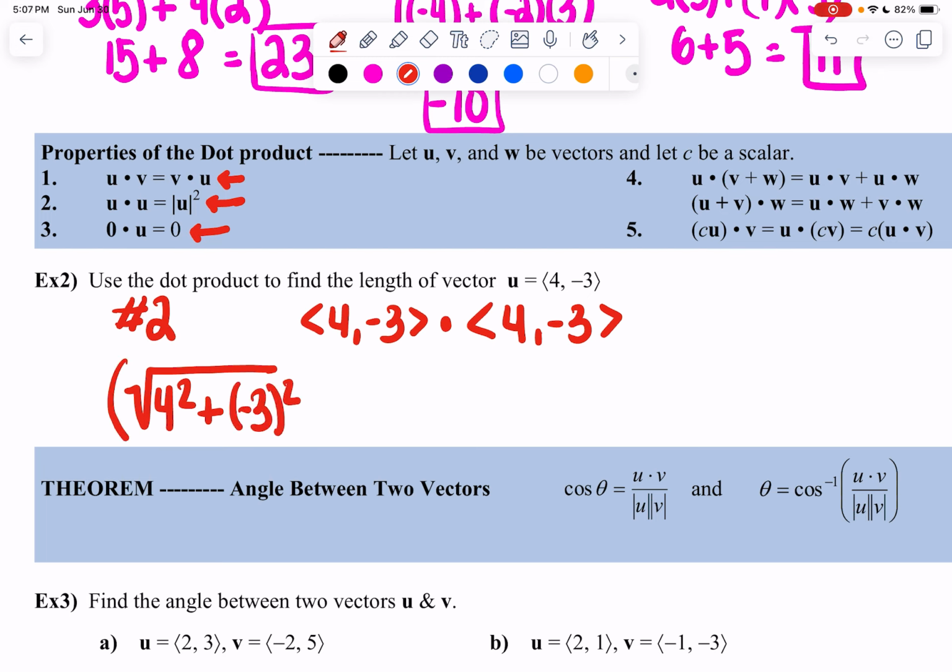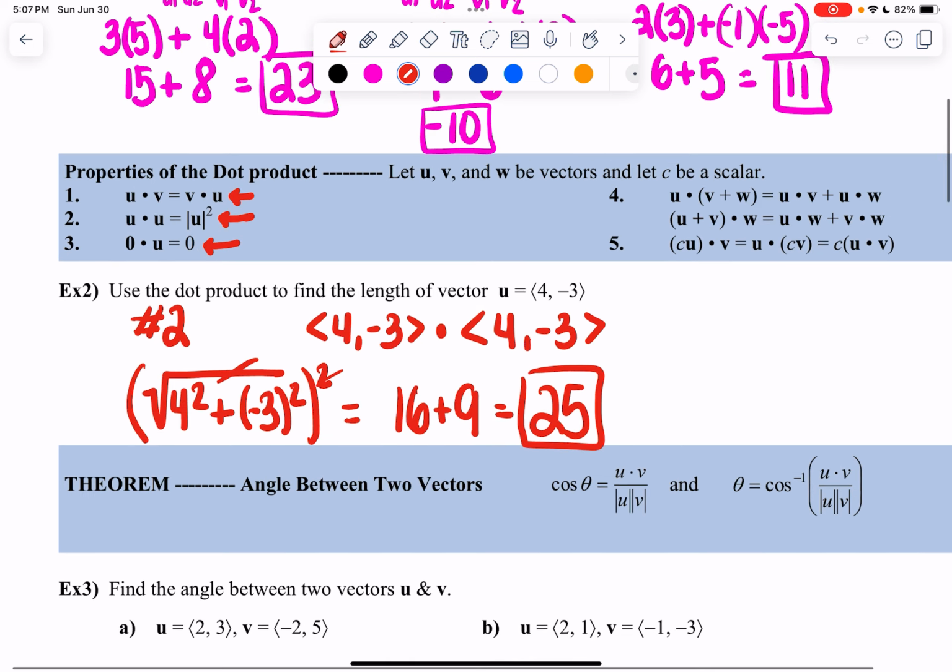But then since it's 2 u's, that whole thing is going to be squared. So in other words, this cancels. So you just get 16 plus 9, and so the length of the vector is 25. And that's how you would do that. Okay.